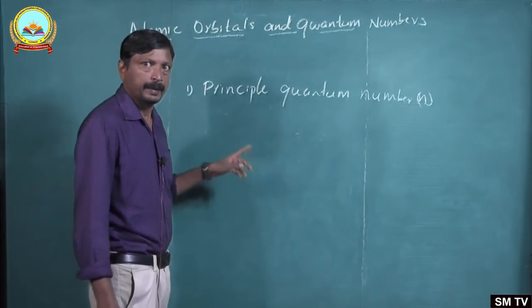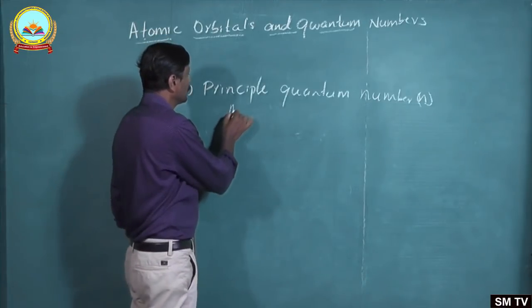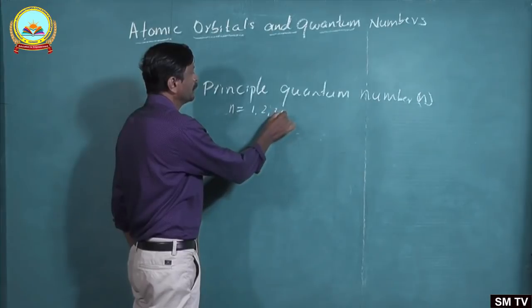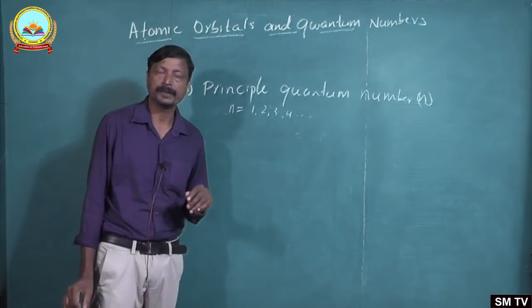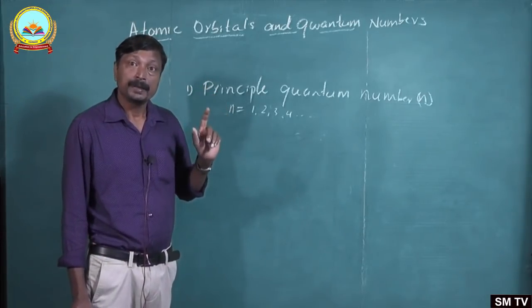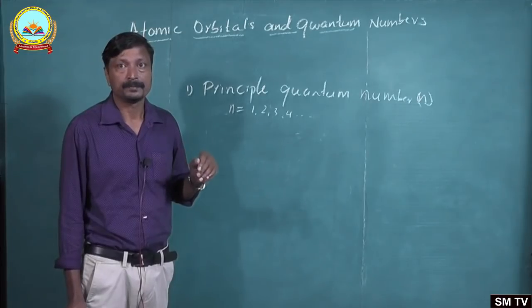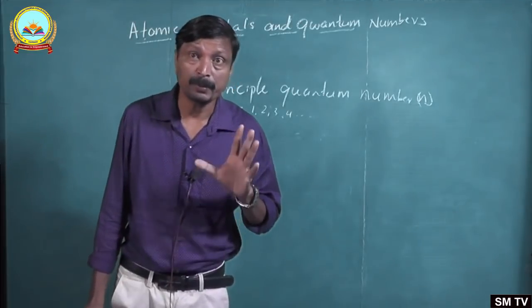Yesterday I discussed this. What are the values of the principal quantum number? 1, 2, 3, 4, and so on, positive integers. What does it describe? The size and energy of the orbital.